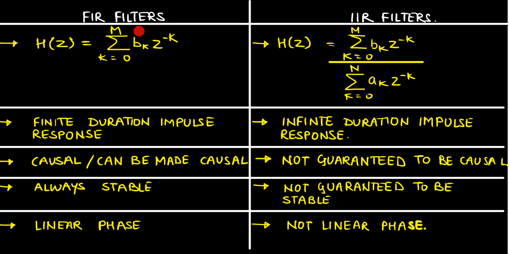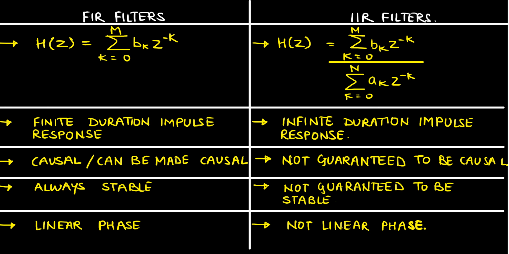We know that FIR filters can be causal, or can be made causal by just the introduction of a finite amount of delay, but IIR filters are not at all guaranteed to be causal. The FIR filters are always stable, whereas IIR filters are not guaranteed to be stable.